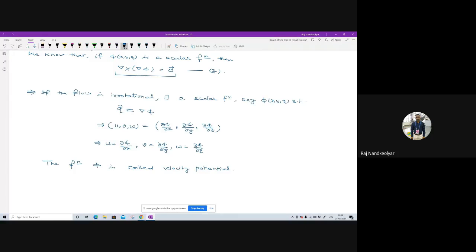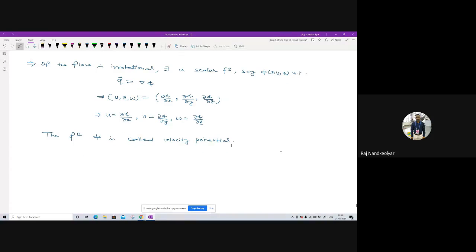Okay, it's called velocity potential. And now, if your motion is irrotational, if your fluid flow is irrotational and the fluid is inviscid, meaning non-viscous, then that kind of flow will always be irrotational flow.